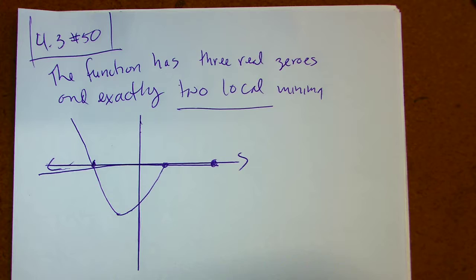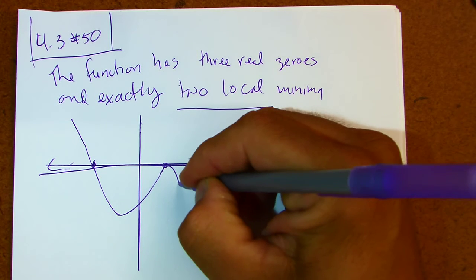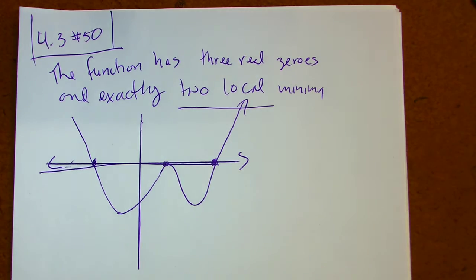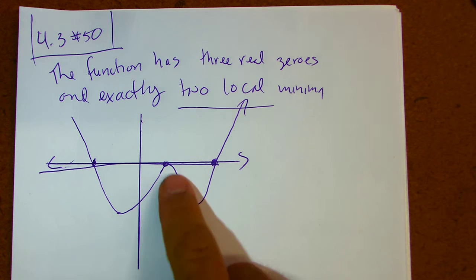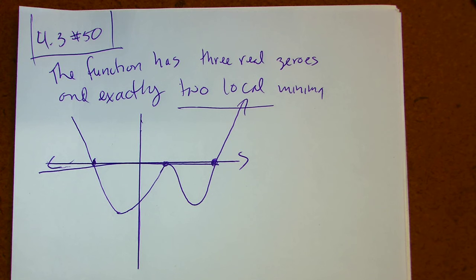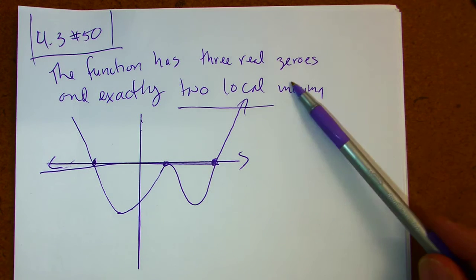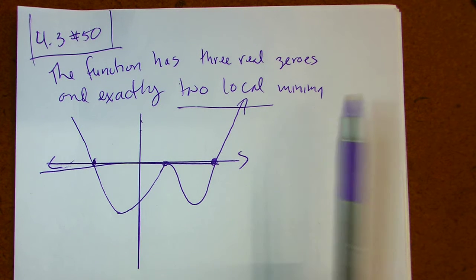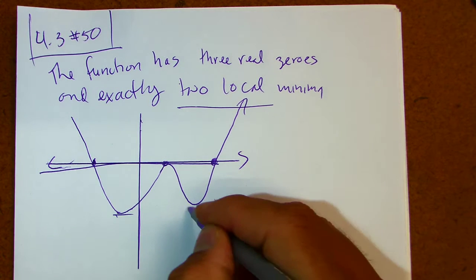All right, but what if it did something like that? So maybe it had some kind of double root at the middle root here, right? And now when I look at this, it satisfies both of those conditions, right? It has 3 real zeros, 1, 2, 3, and exactly 2 local minima, right? This one and that one.